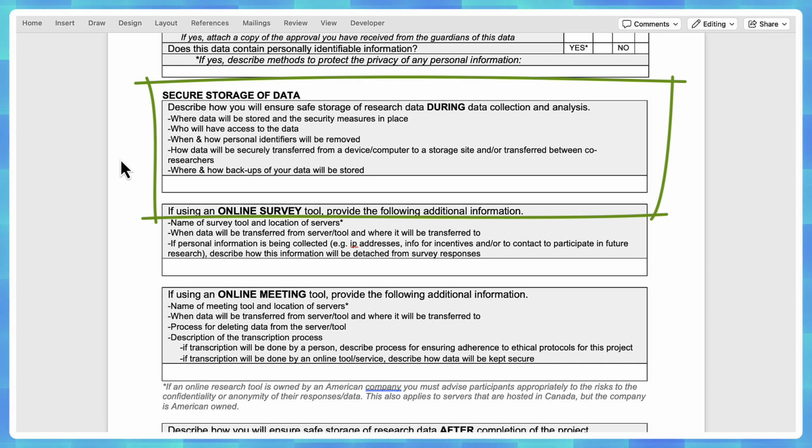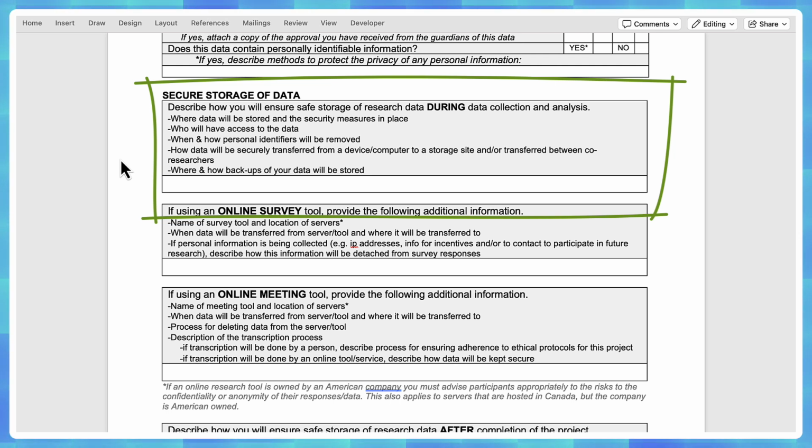And so we want to make sure that the data is stored in a secure way, with limited access to it. We want to look at, if you're collecting personally identifiable information, how you're going to separate that out and when. And if you're transferring data either from site to site or between co-researchers, we want to make sure that you've got good, secure processes in place.